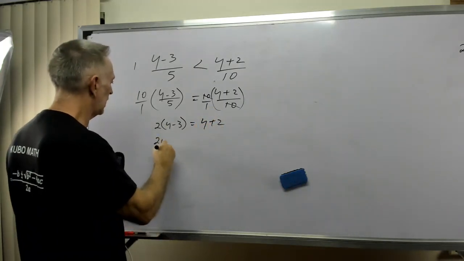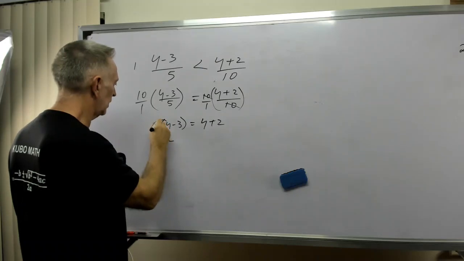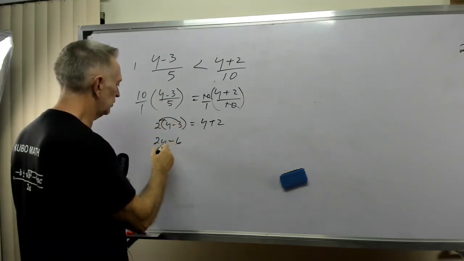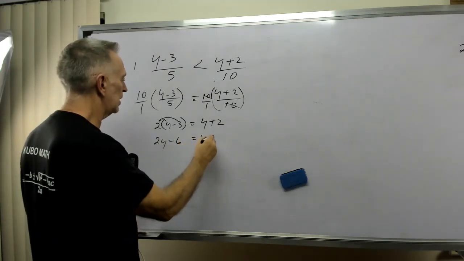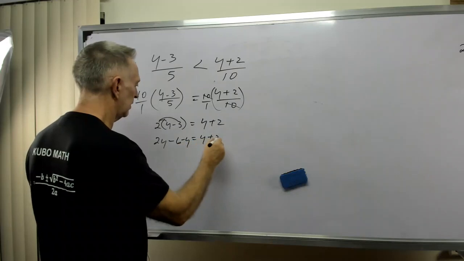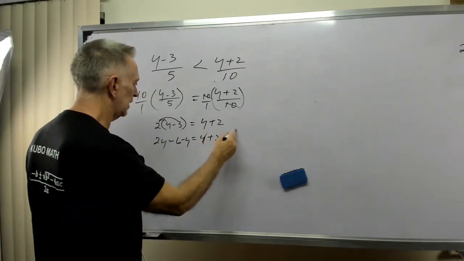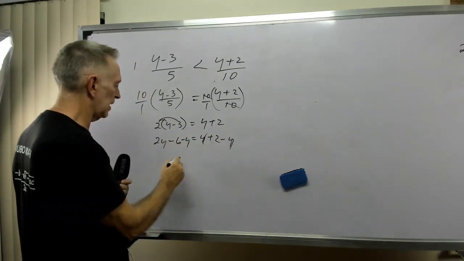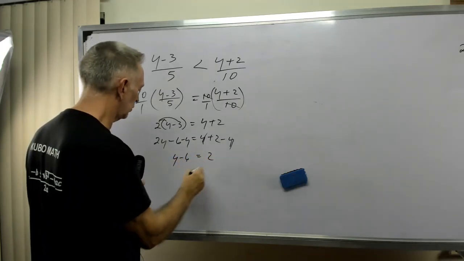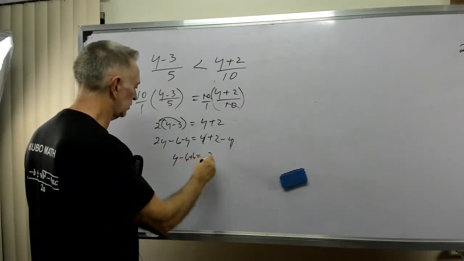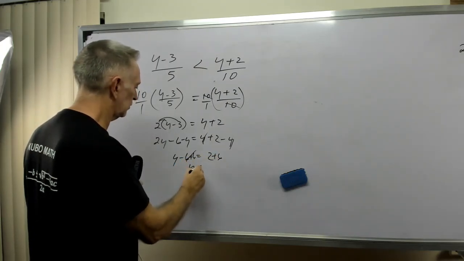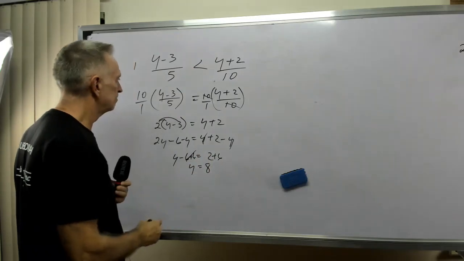So 2y minus 6, all I've done is distribute into the parentheses, 2y minus 6 equals y plus 2. Well, let me subtract a y from both sides. Y minus y cancel, 2y minus y is y. Y minus 6 equals 2. Let me add 6 to both sides. Those 6's cancel, y equals 8.